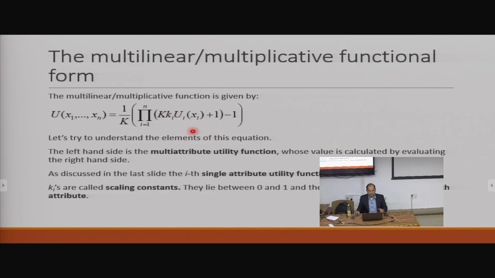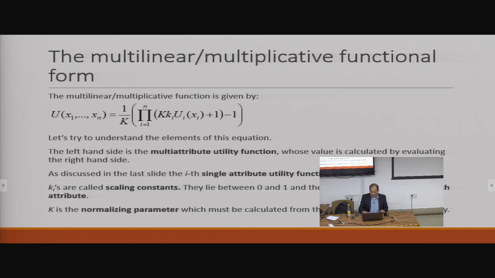So after we're done assessing utility functions for each attribute, we also have to assess the scaling constants associated with single attributes. Finally, we have the normalizing parameter, capital K, which you can calculate using the scaling constants directly.